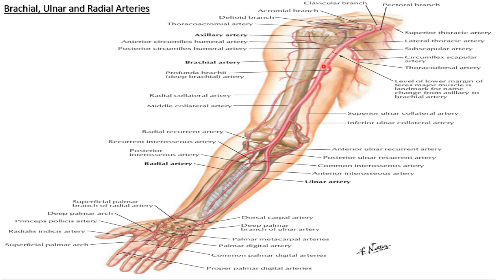Then this brachial artery moves on the medial aspect of the arm, on the medial aspect of the biceps brachii muscle. Then it goes and terminates at the apex of the cubital fossa, on the surgical neck of the radius, and then it terminates or bifurcates into two arteries, which are the radial artery and the ulnar artery.